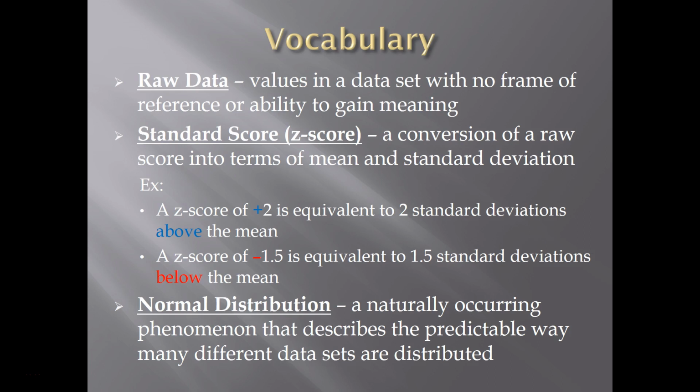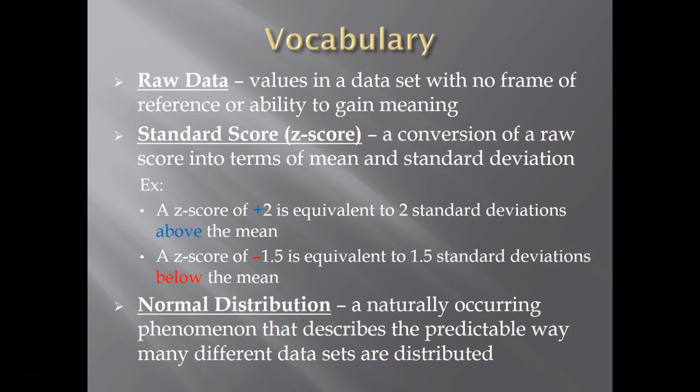But basically, when you standardize a score, when you create a z-score, you're giving it a frame of reference. You have all this data, all these numbers all over the place. What it really does is compare all the data values to the mean. Is it above the mean? Is it below the mean? Is it a little above or a lot above? Or a little below the mean or a lot below the mean?